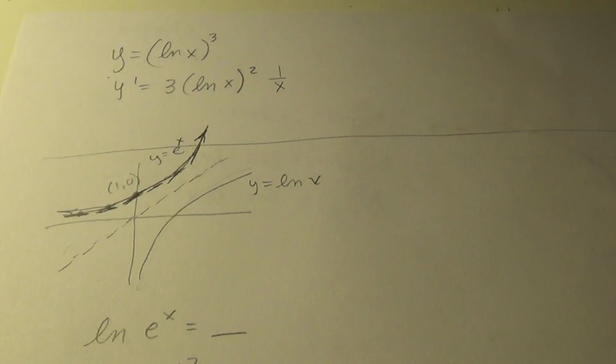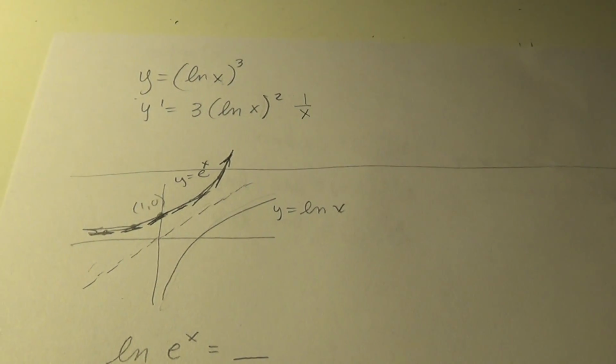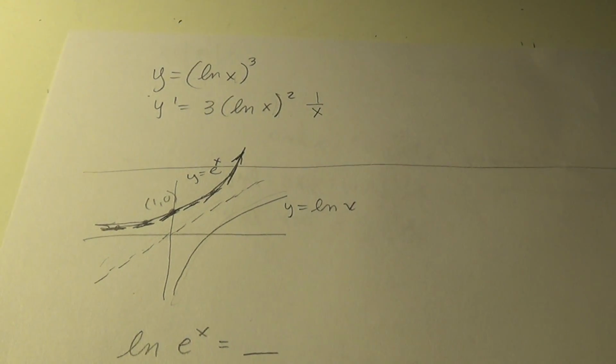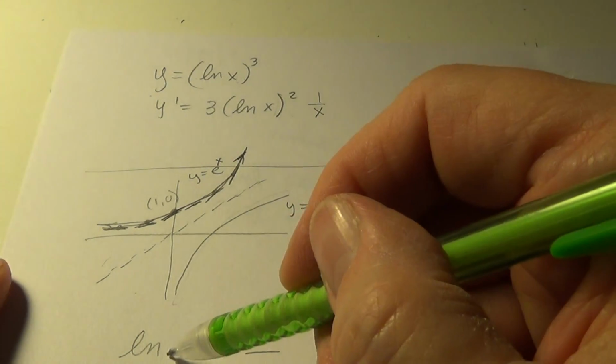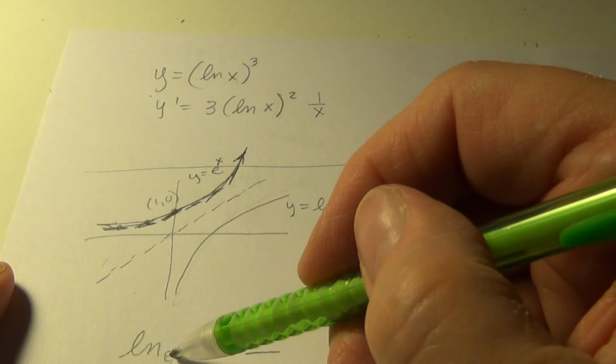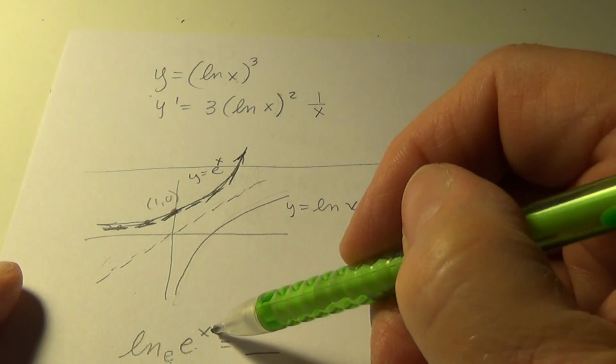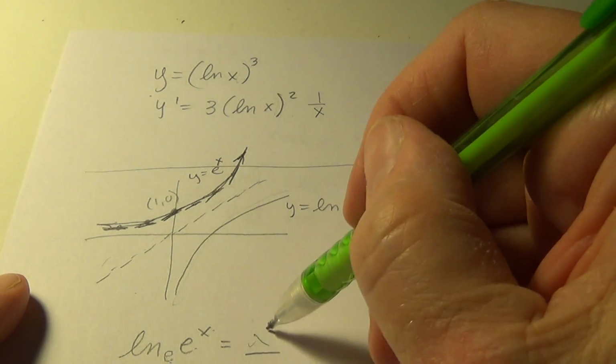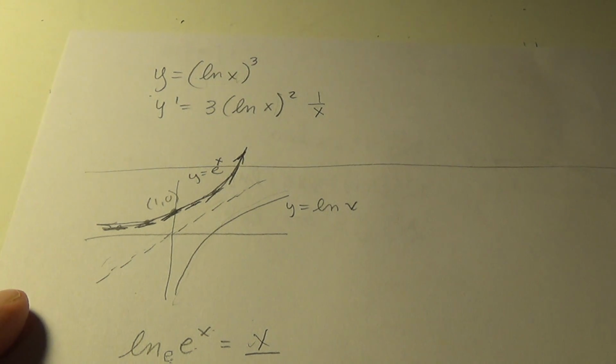All right, first of all, let's talk about the ln of e to the x. So remember, the base is e, and this is saying what exponent do I give e to get e to the x? x. All right. Now I'm going to take the derivative of both sides.